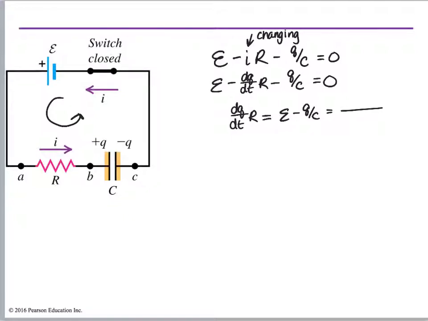I'm going to find a common denominator here. Okay, now we are going to separate variables. That means we have to get all things involving Q on one side and everything involving t on the other.